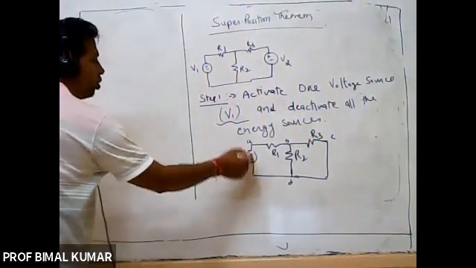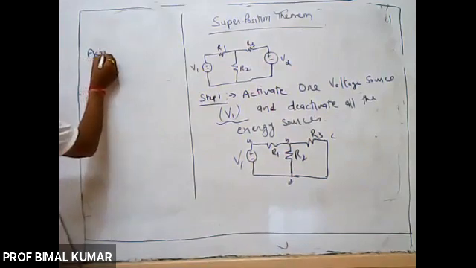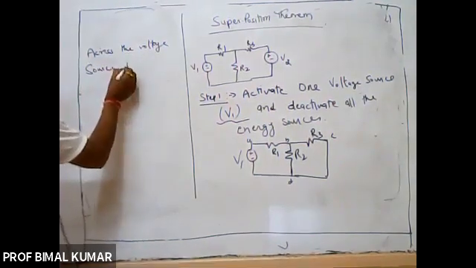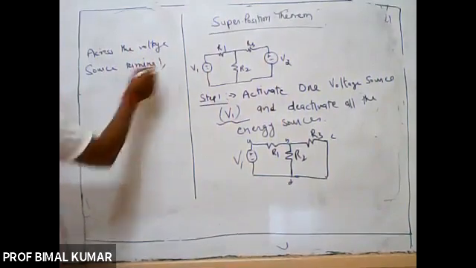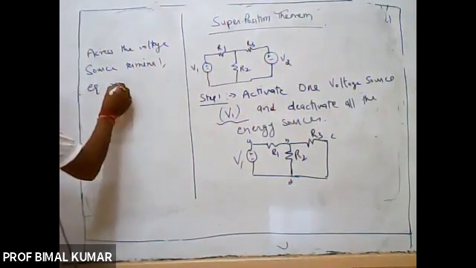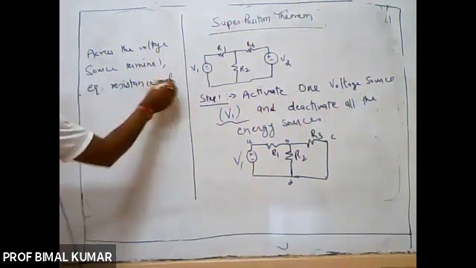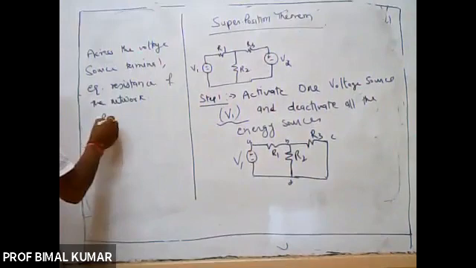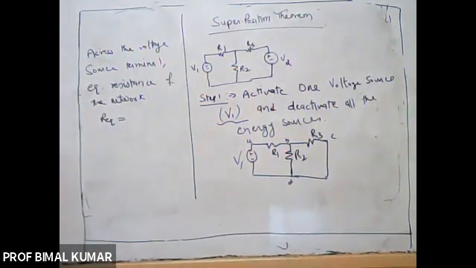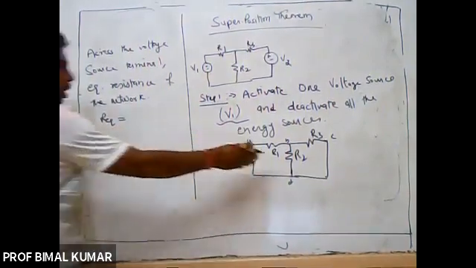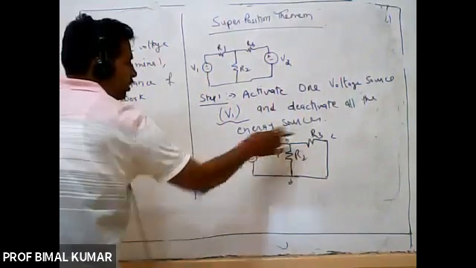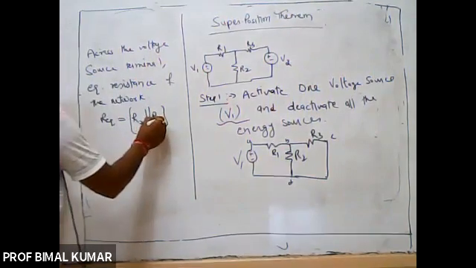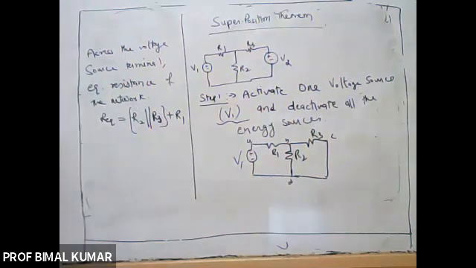So here I am just applying the basic. Across the voltage source terminal, the equivalent resistance of the network will be given by, let us take R equivalent is equal to, now here R2 is in parallel with R3 and this combination is in series with R1, right?